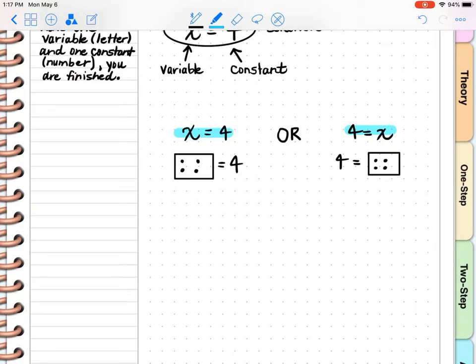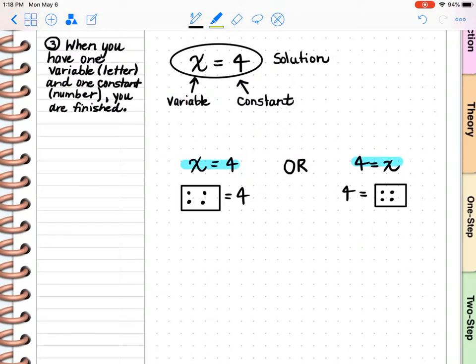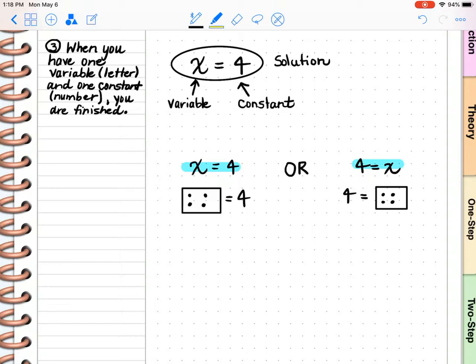Those are the same thing. So you'll see that happen sometimes. Sometimes your letter will come first. Sometimes your number will. It does not matter. For a solution, you can write it either way because the equal sign in the middle shows that they're the same. So rule number 3, when you have one variable and one constant, you are finished.